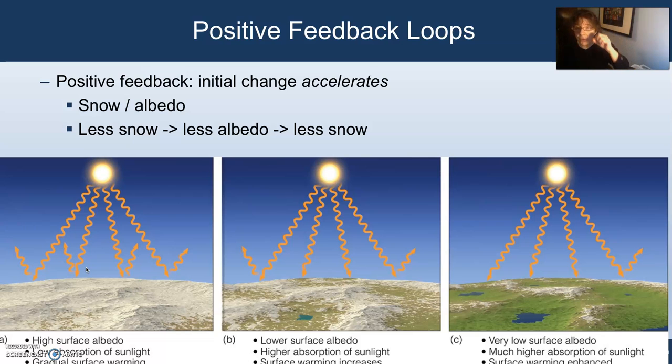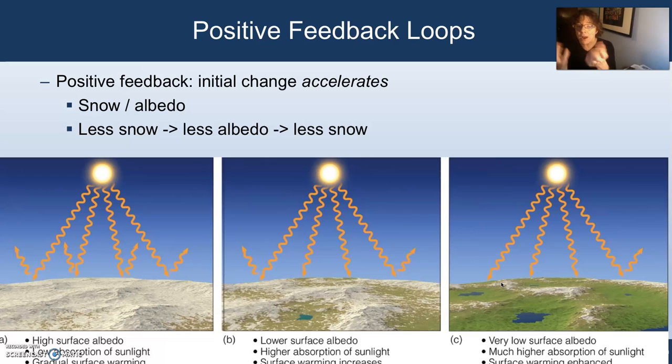And on the other way, if you had an event where there was less snow, let's say you had a warming event in the atmosphere, then you would have lower albedo. There would be less reflectivity because there is less snow to reflect.